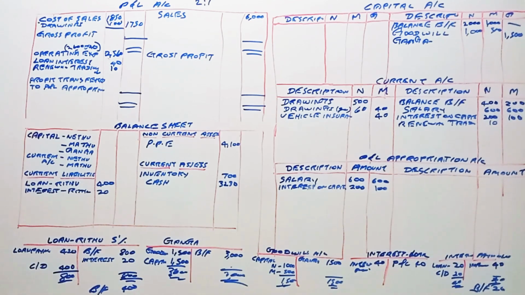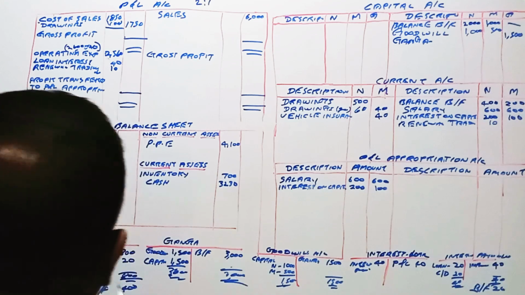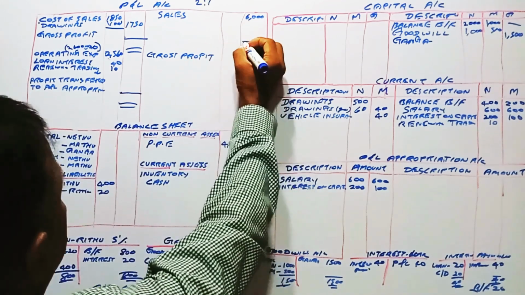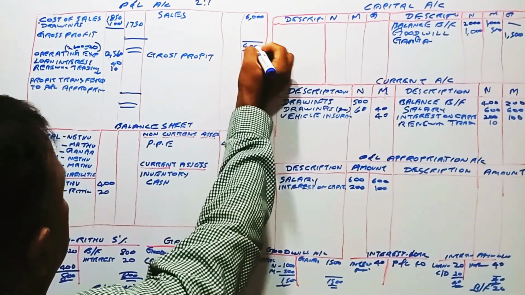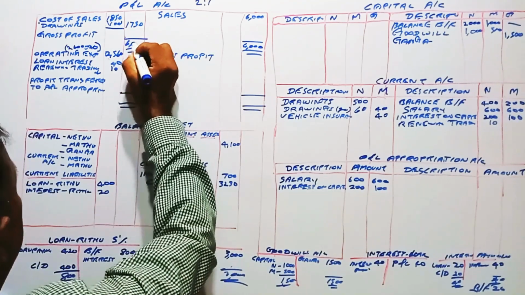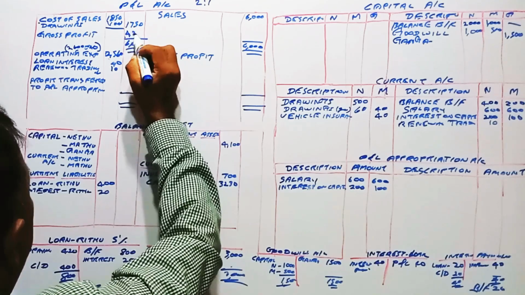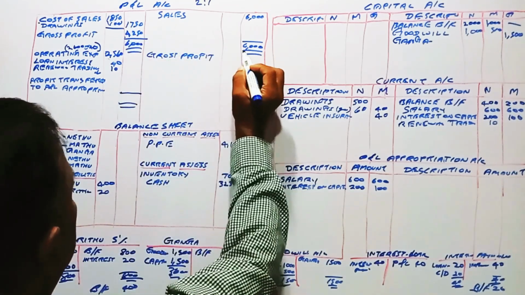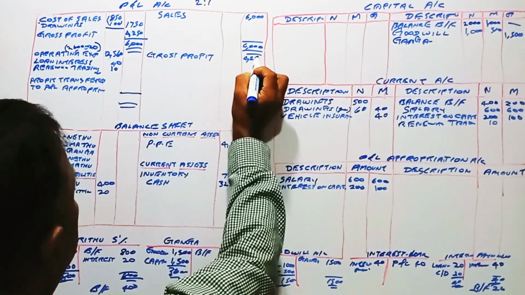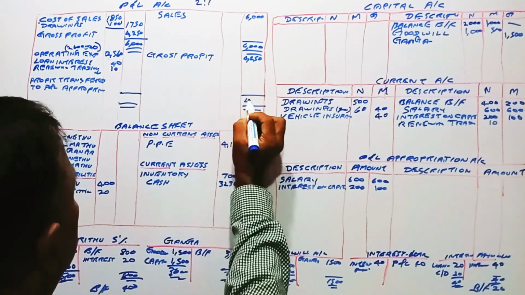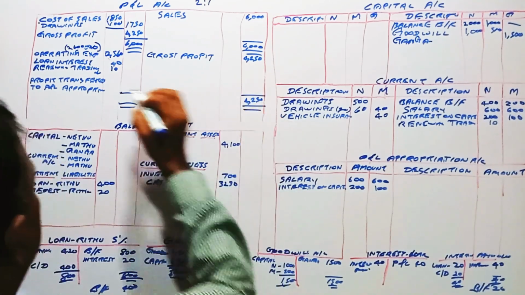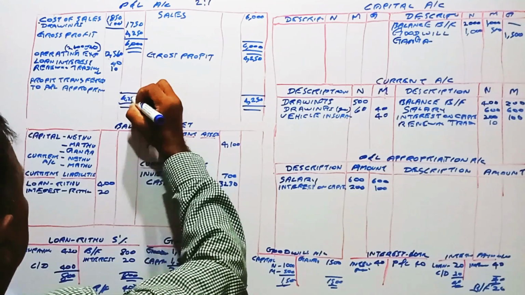So all the adjustments we have done, right? So we had to balance the accounts, right? So this is 6,000, this is 6,000, then 4,250, then here 4,250, here 4,250, 4,250.